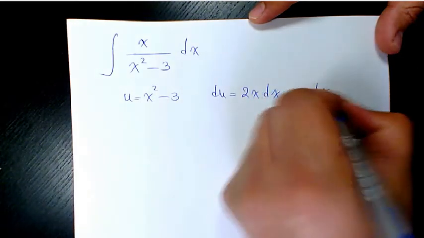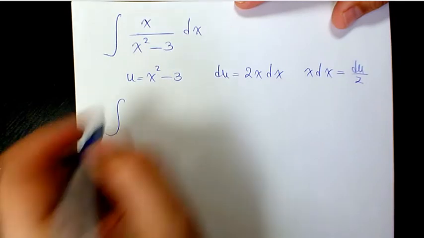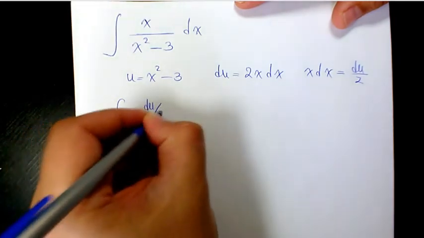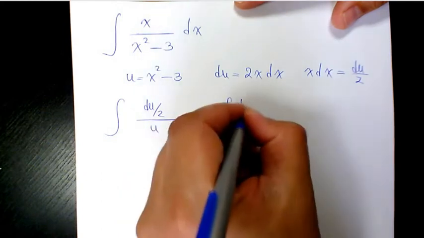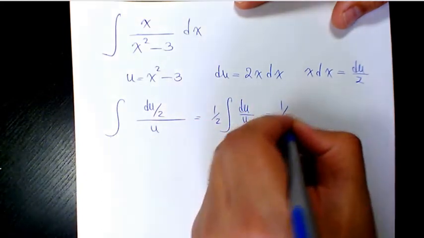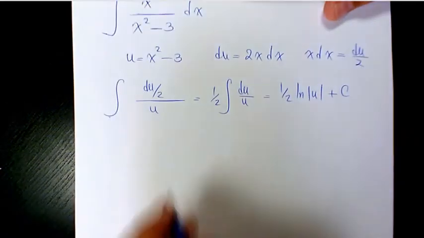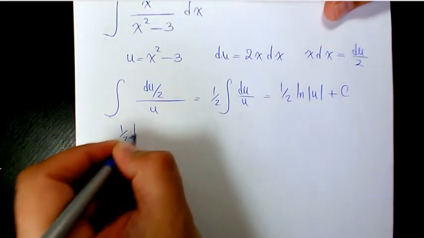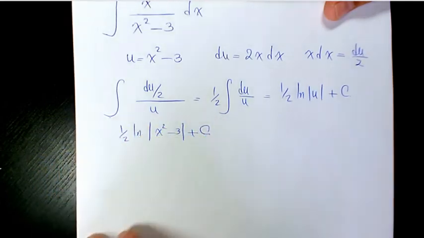Therefore x dx is du over 2. And that's going to be du over 2 over u. So that's going to be 1 over 2 du over u. And that's 1 over 2 ln u plus c. 1 over 2 ln of x squared minus 3 plus c.